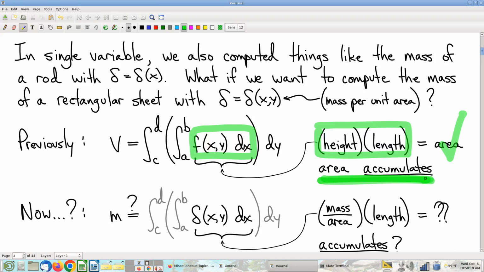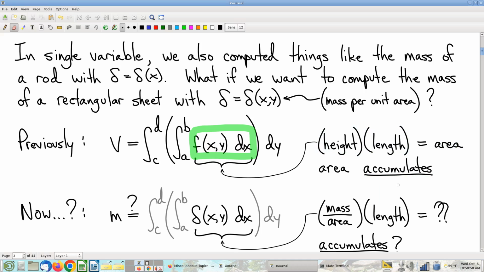No. It's something in between 10 and 20, and it does not just add like area does. So there are two important tools that we use at this stage of this initial calculation. The very first bit of calculation is something that we understand, and furthermore, that thing that we understand has this critical feature of accumulation. Now let's keep that in mind as we try to do the same thing with masses and such.